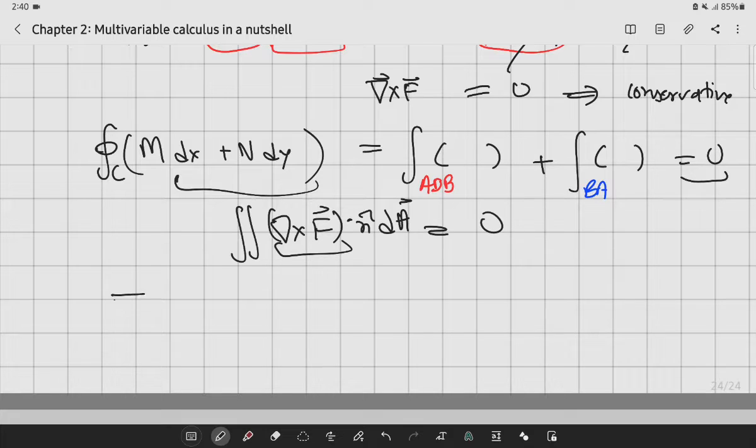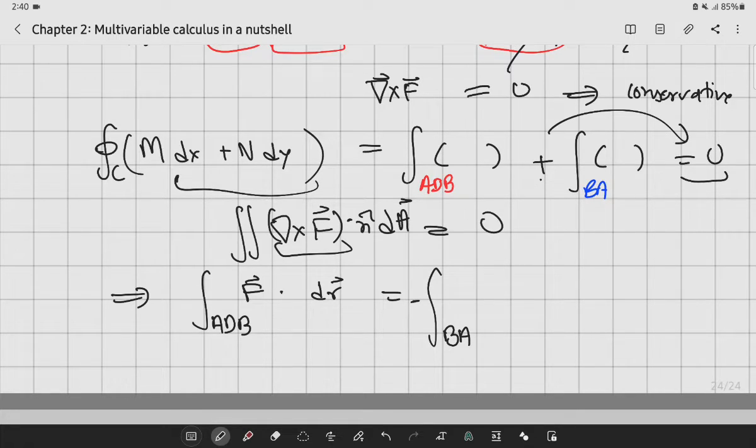Now we can say that the required line integral over ADB of f dot dr equals the integral of BA minus BA, because this is plus BA, which if you go to the other side you'll get a minus sign, BA f dot dr.